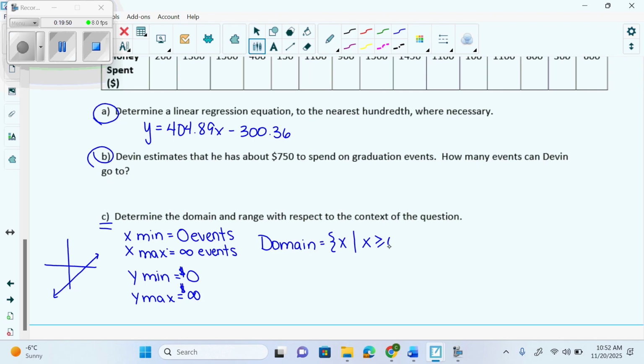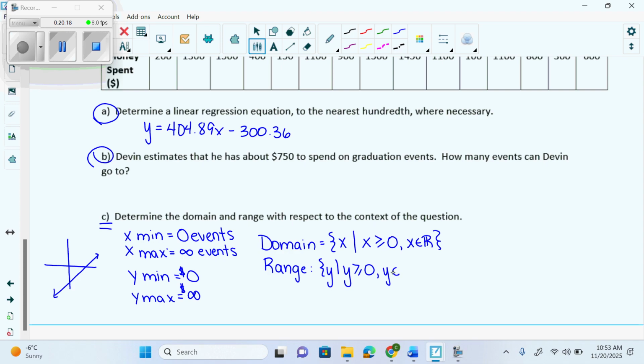X an element of the reals. And my range is the y's. What's the minimum my y can be? What does it say? 0 to infinity. So what does that mean? Y is greater than or equal to 0, y an element of the reals.